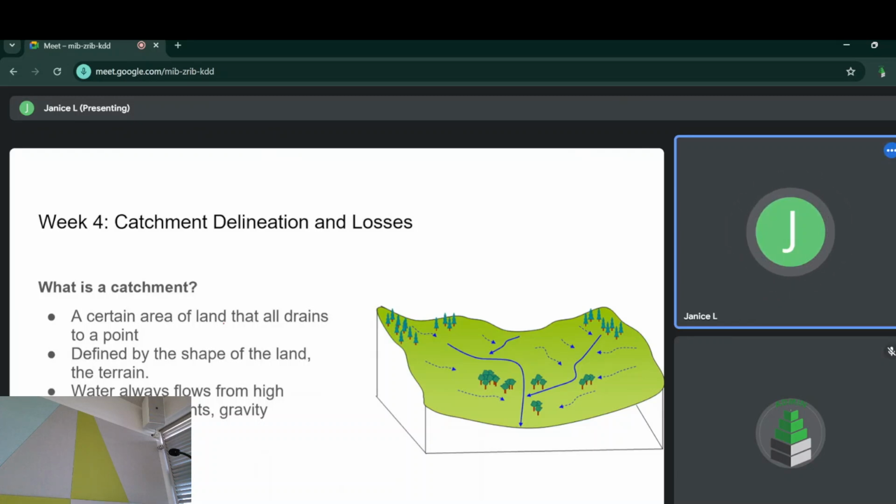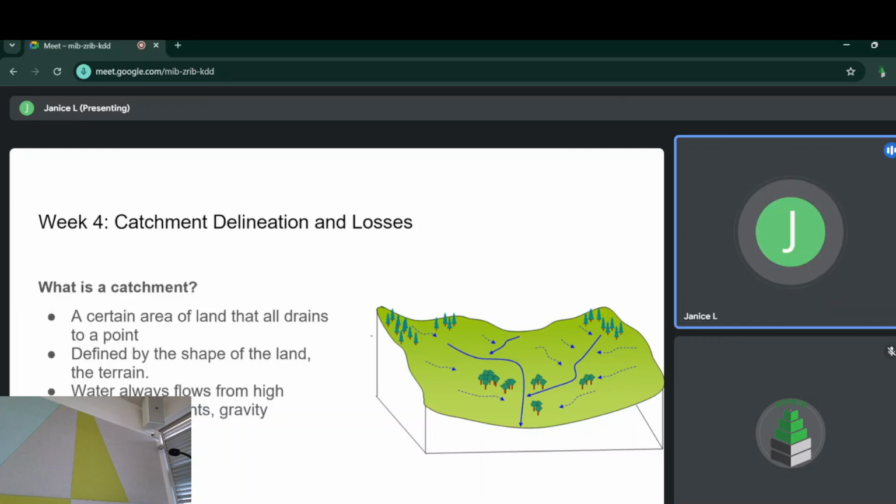What is a catchment? The whole idea of it is it's a certain area of land that all drains to a certain point. And that's going to be defined by the shape of the land, the terrain. Are there ridges? Are there divots? Are there gullies? What about the trees? What about if you slap a metropolis or a city in the middle of that nice green field?